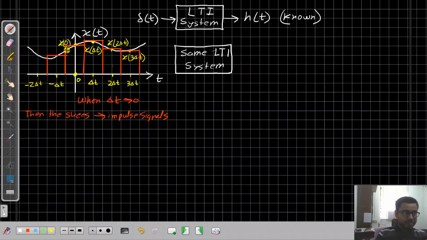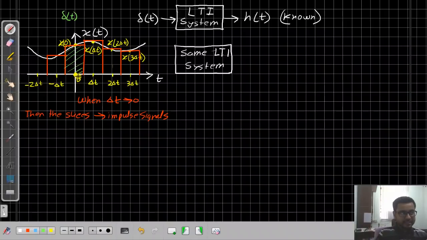Say if you consider this narrow slice, when delta t is very small, then this can be written as a delta function multiplied by the area under this curve, and the area under this curve will be the width.